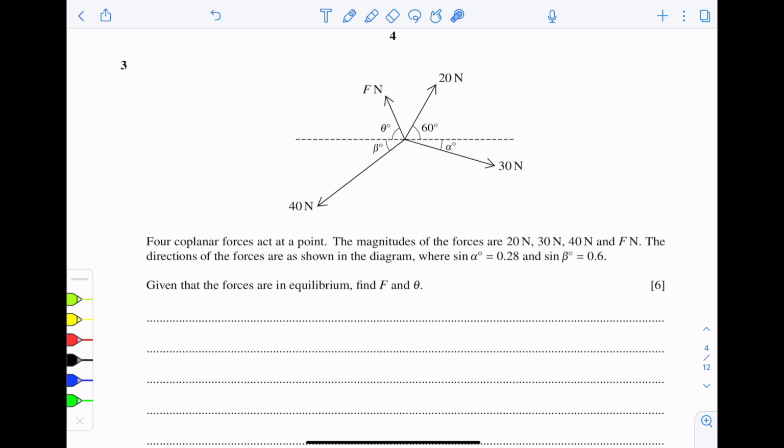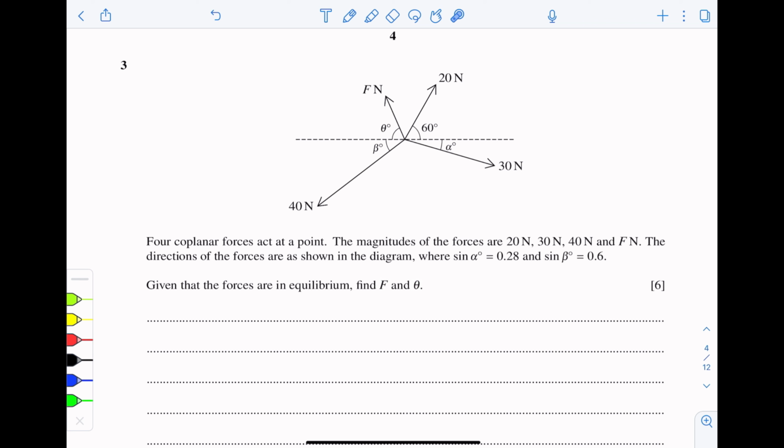The magnitudes of the forces are 20, 30, 40 Newton and F Newton. The directions of the forces are shown in the diagram, where sin alpha is equal to 0.28 and sin beta is equal to 0.6. Given that the forces are in equilibrium, find the value of F and theta.